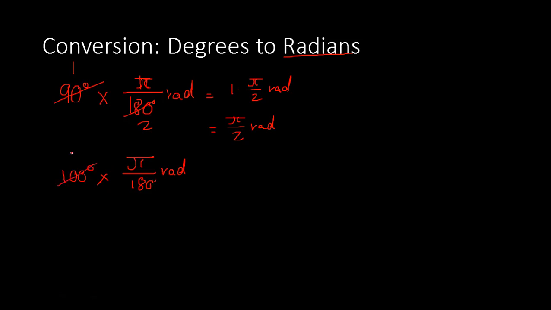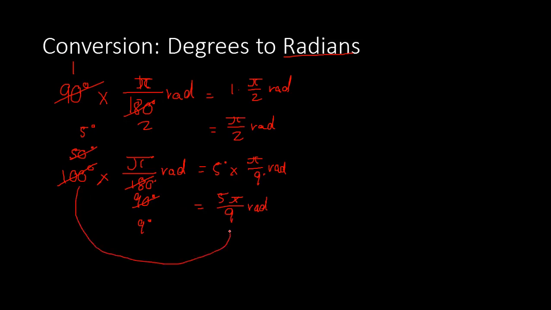This is actually 50 degrees, and this is actually 90 degrees. And we can simplify further because 50 and 90 are both divisible by 10. So we can have 5 degrees and 9 degrees. Hence, you have 5 degrees times pi all over 9 degrees radian. So hence, you have 5 pi all over 9 radian. That means 100 degrees is 5 pi all over 9 radian.